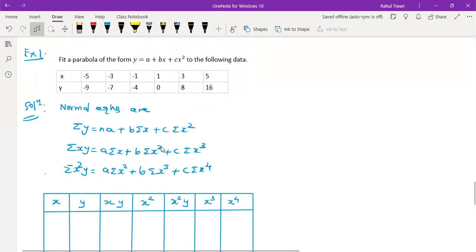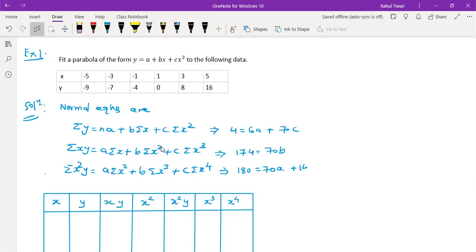When you substitute the values in this equation, you get the equations: 4 is equal to 6A plus 70C. This will give us 174 is equal to 70B, and this will give us 180 is equal to 70A plus 1414C.